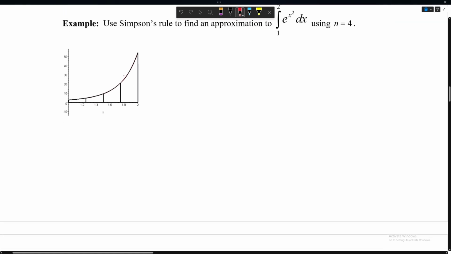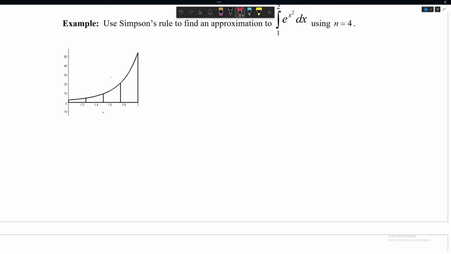Simpson's rule is more accurate than your trapezoidal. Reason being is because this is curved. So you know our trapezoidal was something like this. If I can draw some straight lines, this was our trapezoidal, right? There you go. This was our trapezoidal.